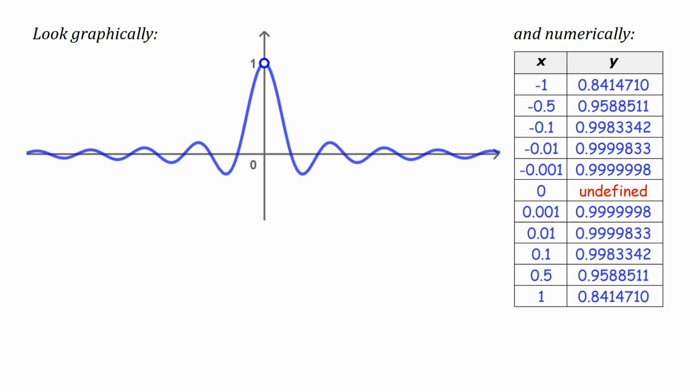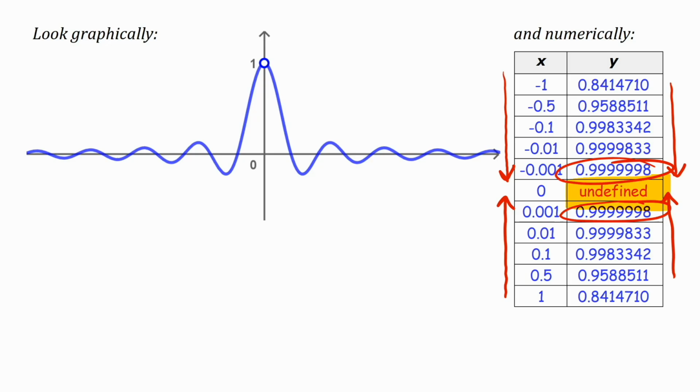And in the table are some of the values that we saw as I was dragging the point along the graph. And what you see there too is that as those x values get closer and closer to 0, the y values get closer and closer to 1. Like these two y values here are about as close as you can with the accuracy I've got in this table. And even though it's undefined there at 0, it's pretty clear the y values are approaching 1 from that table. So we'll put some of this down in writing.